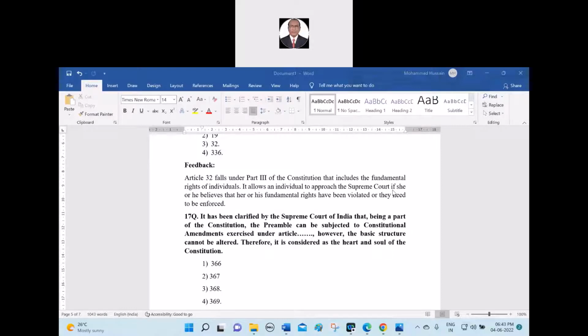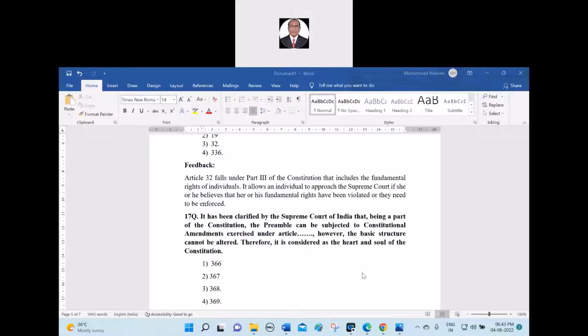And how many times have the amendments been made till now? Supplementary question. 127 times, if I am not mistaken. 127 or 124? Please check it because I could not go through it. To me, I think 127.